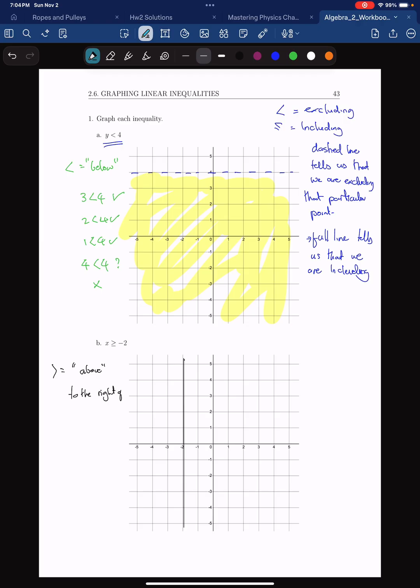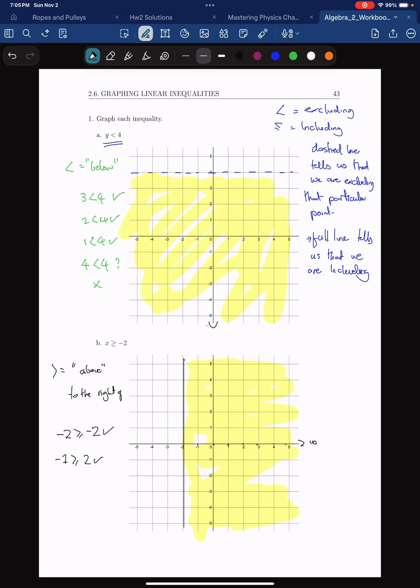All the solutions that are to the right of x is negative 2, every point to the right of x is negative 2, will satisfy this solution. If I have x is greater than or equal to negative 2, that's true. What about negative 1? Negative 1 is greater than or equal to negative 2, so the inequality is satisfied. All these points going till infinity make up my solution set.